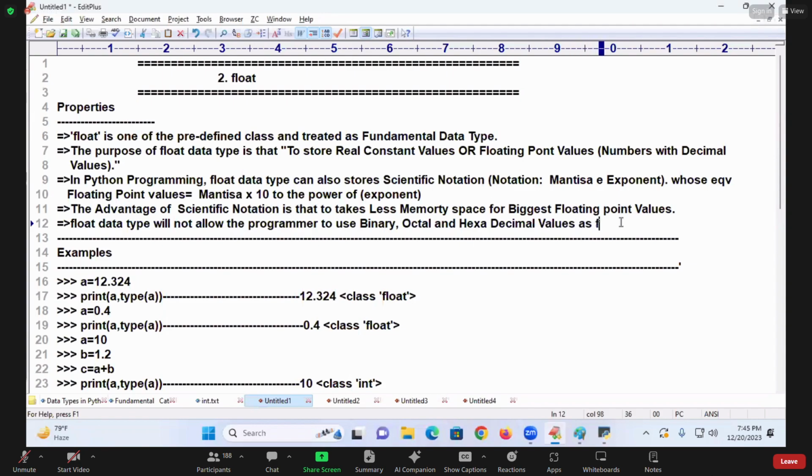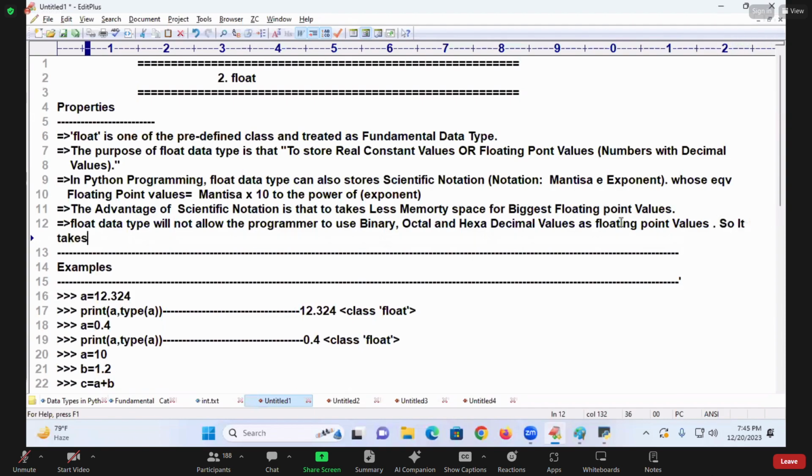This is the point I want to say. It takes only decimal number system values. That's all. Are you following me?